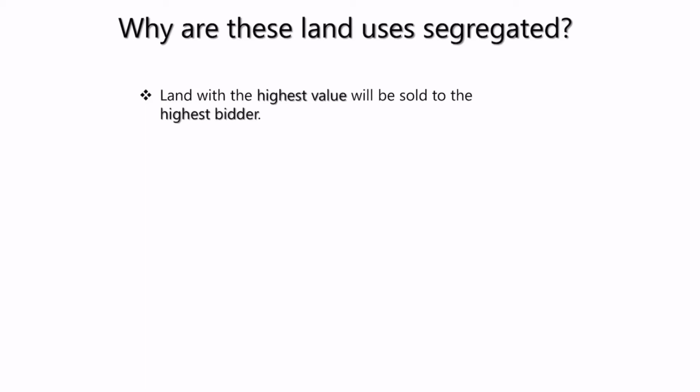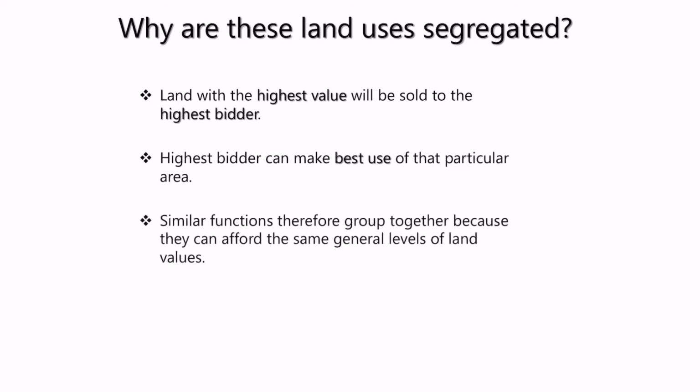To bid for a really expensive piece of land, you need to realise that you're going to be able to use it well. The person who is going to bid the most will know that they can make best use of that particular area. So you often find in the highest land value areas, you're seeing similar functions, because they can all afford that similar land value, because they all know that they can use it in the best way.